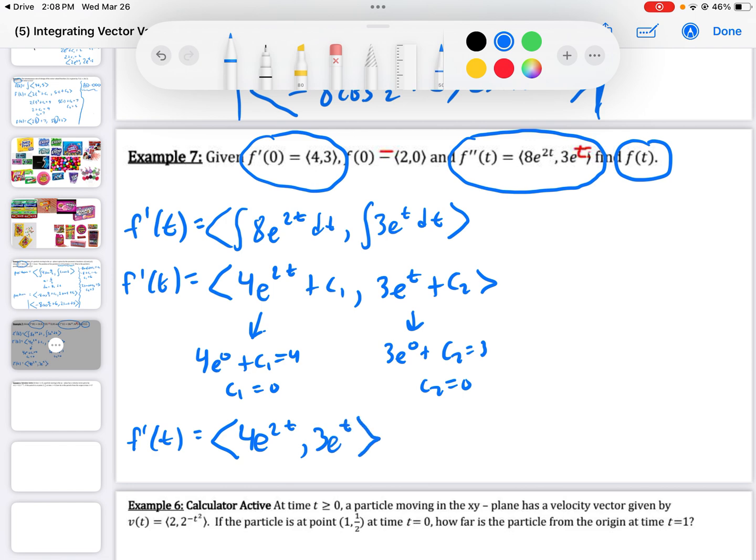All right, so once I have the first derivative, if I find the antiderivative of that, I would get just the normal function f.